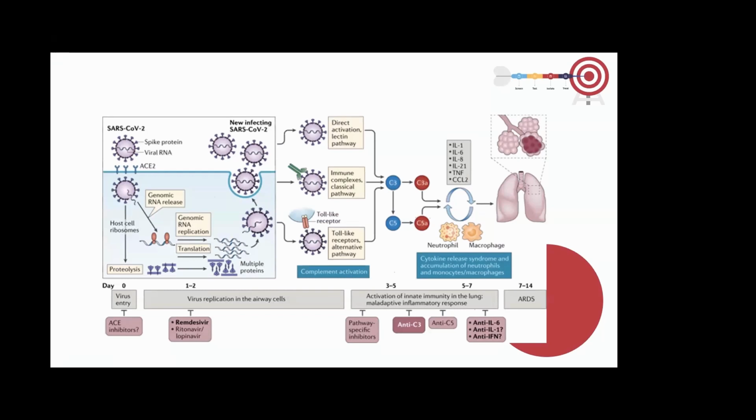We start with the complement, the neutrophil response that happens initially in order to engulf the virus to prevent it from infecting other cells. But we all know that innate immunity by itself is not effective to clear the virus.